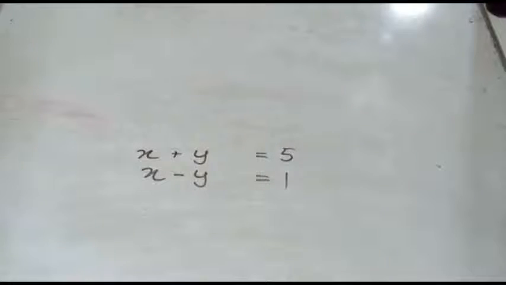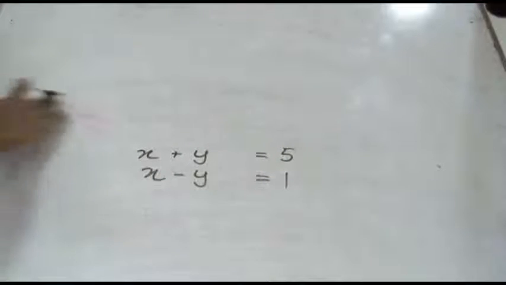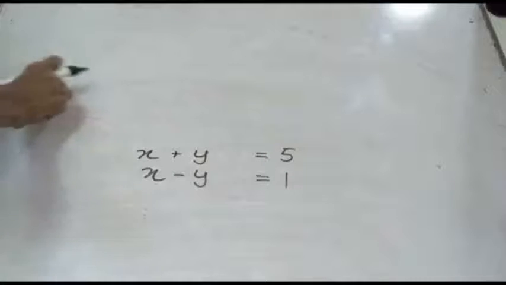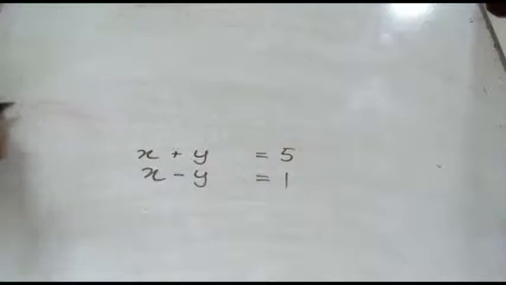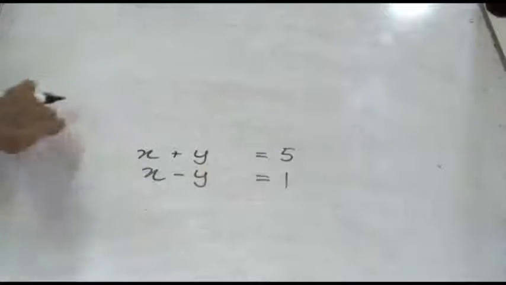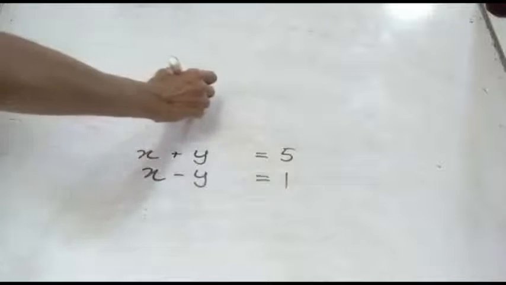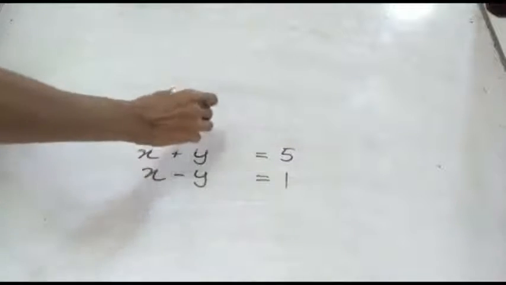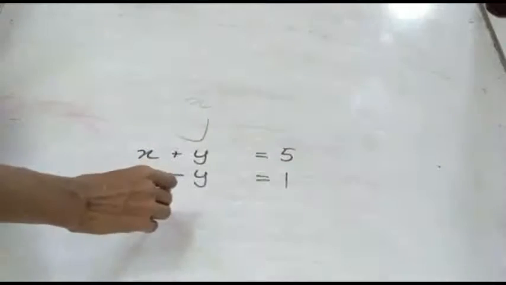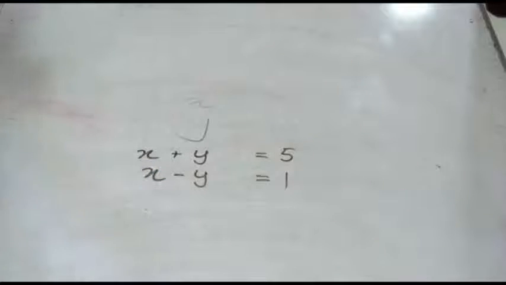We take the money you have as x rupees, and the quantity of money Malli has as y rupees.